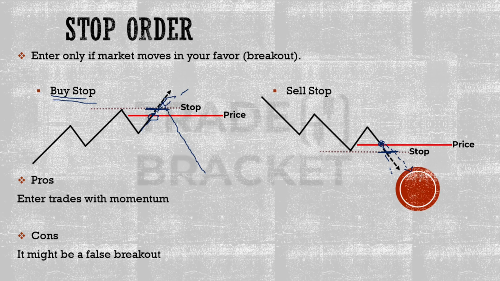It might be a false breakout because it triggers your buy stop order in, then fakes you out, then reverses. Same thing: you might think price will continue selling, it reaches your sell stop order and triggers you in, then reverses. That's what a false breakout is. So you will lose this trade.